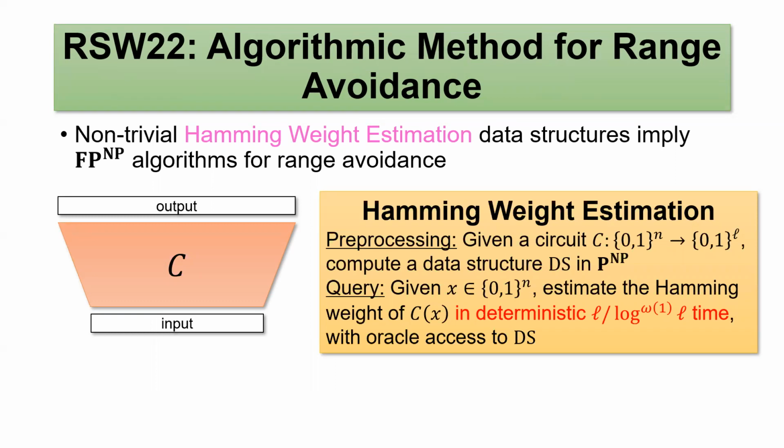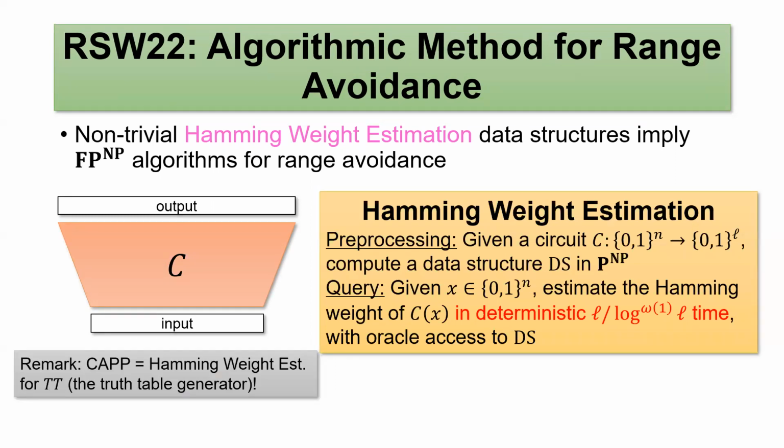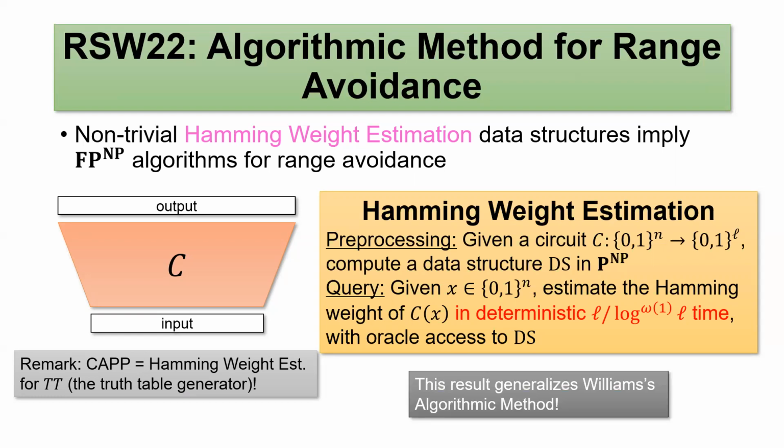The problem allows pre-processing for the circuit C, but the details of pre-processing are not important here. One can note that CAPP is just Hamming weight estimation for the truth table generator. Therefore, this result generalizes Williams' algorithmic method.